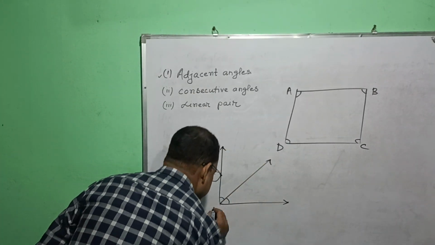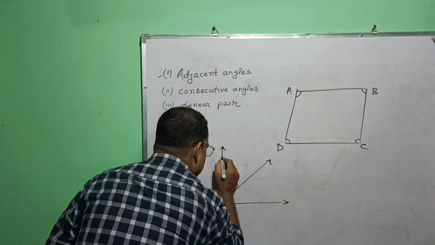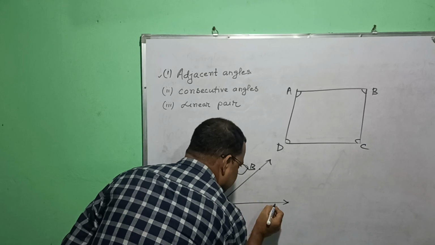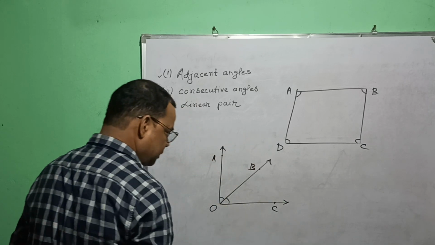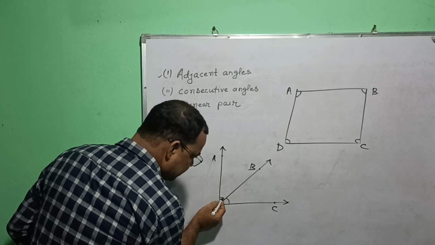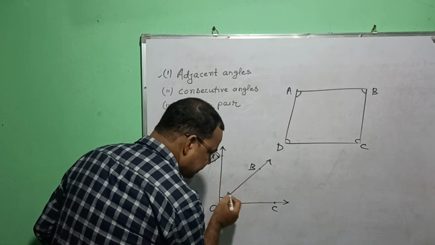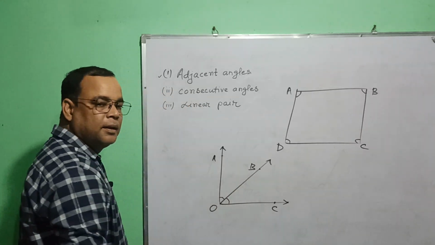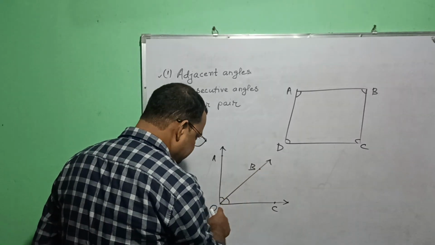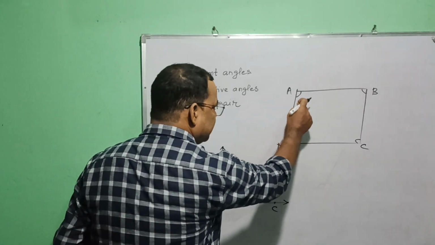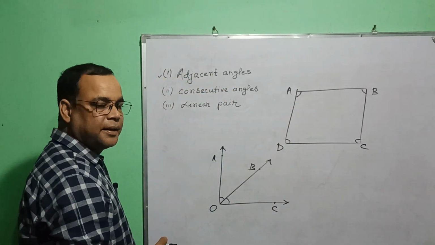If we name it, suppose it is O, then here it is A, then B and C. So you can see angle AOB is one angle, then BOC is another angle, and these two angles have one common side and one common vertex, which is not there in the consecutive angles.